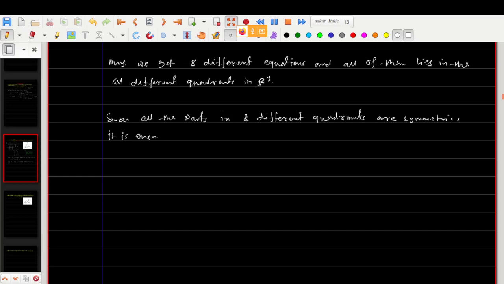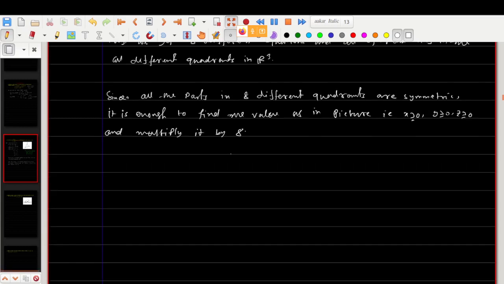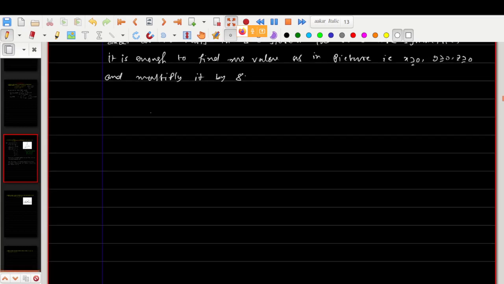So it is enough to find the value as in the picture, that is x greater than or equal to 0, y greater than or equal to 0, z greater than or equal to 0, and multiply it by 8, right?